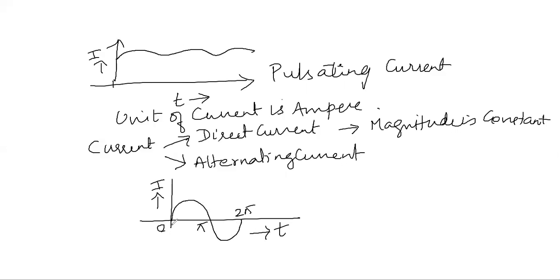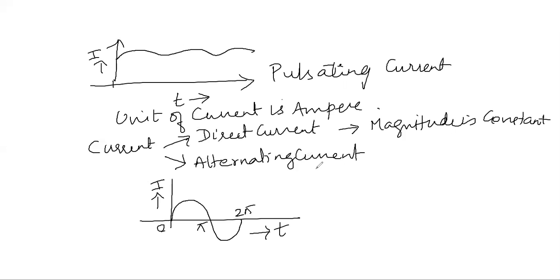So the magnitude of it keeps on reversing as the time increases. Such a current is called alternating current. So now we understood what is the direct current, alternating current, unidirectional current, and pulsating current.